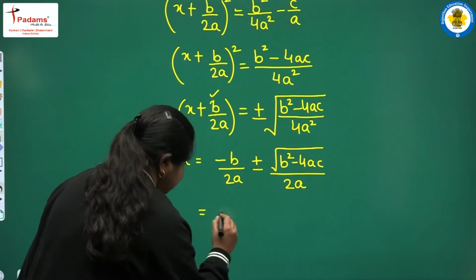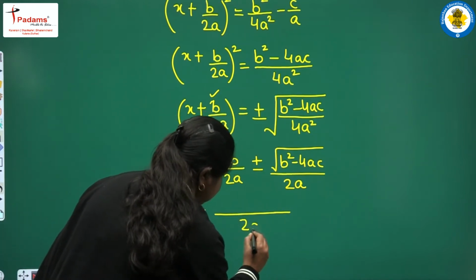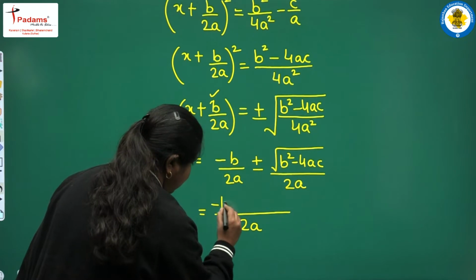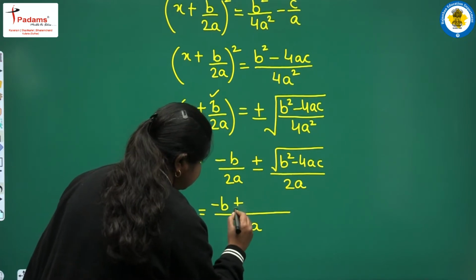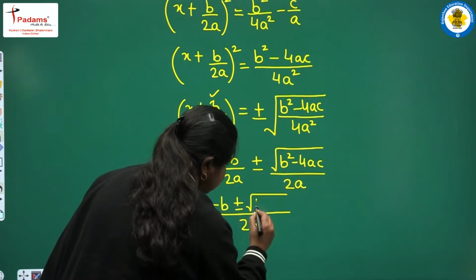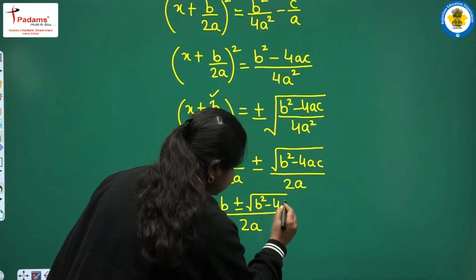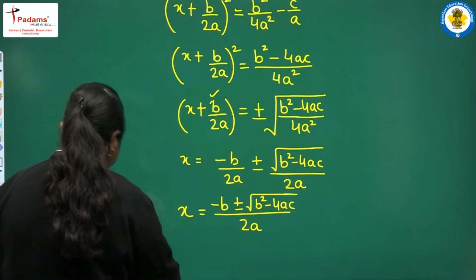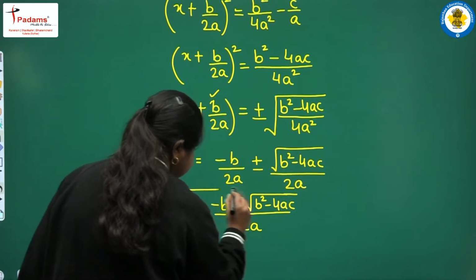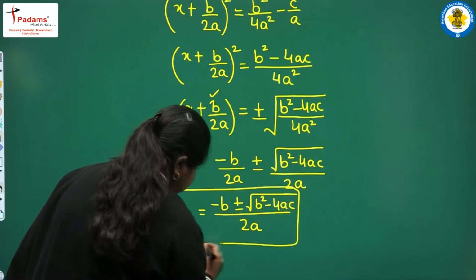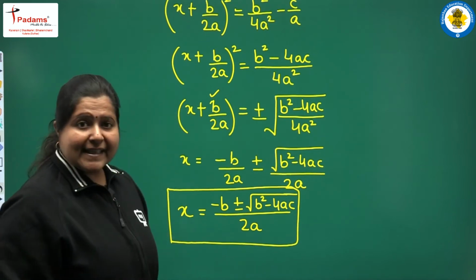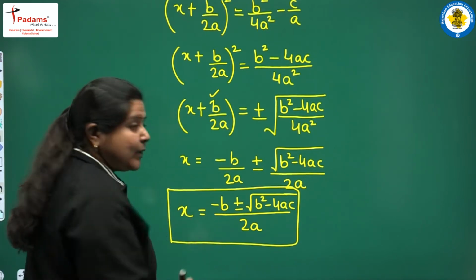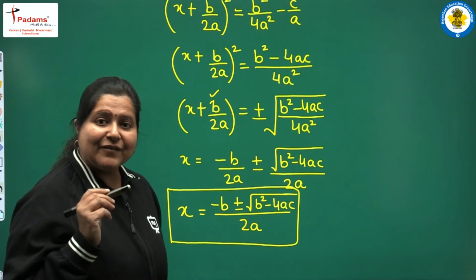We take it common, 2a in the denominator, and in the numerator we have minus b plus minus under root b square minus 4ac. This is equal to x, and now this is the expression which will be giving us two values of x, and it is this formula which is known as the quadratic formula.